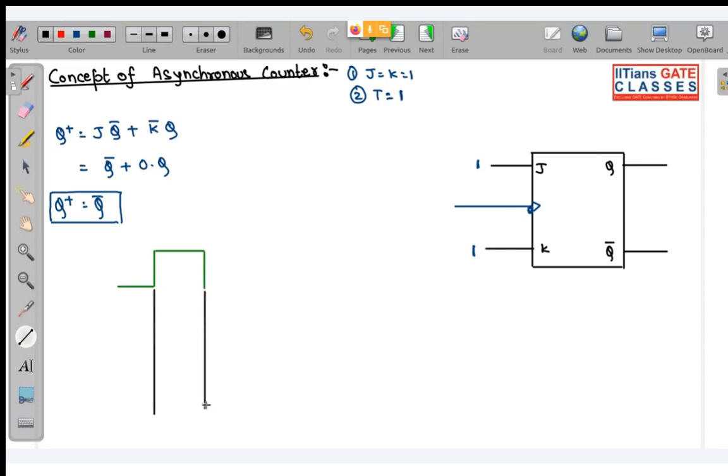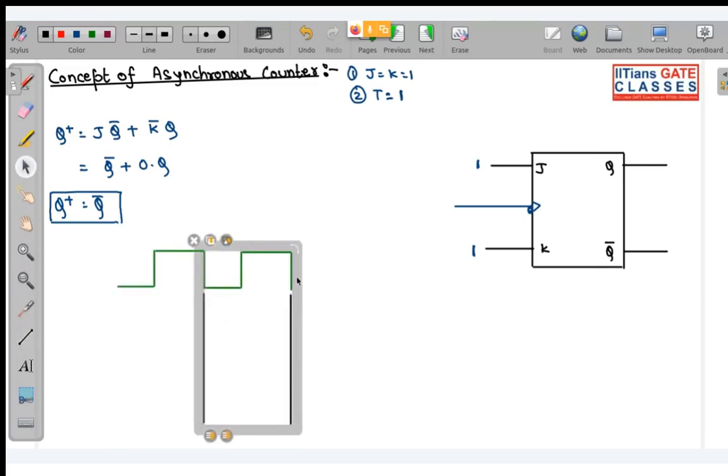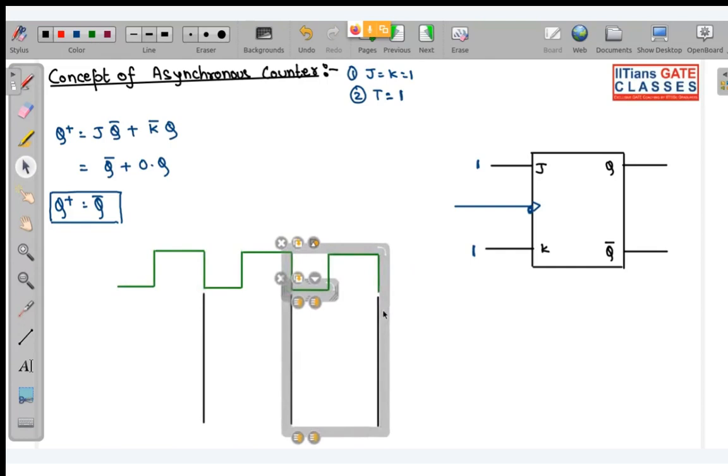So this is your negative edge. This line is not required. This is your clock pulse.